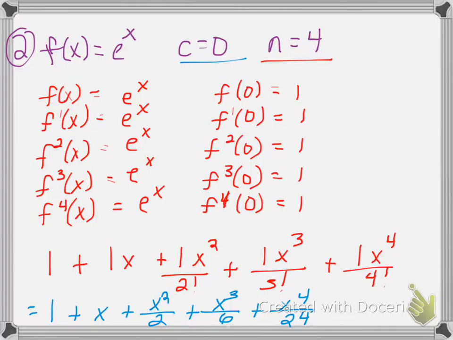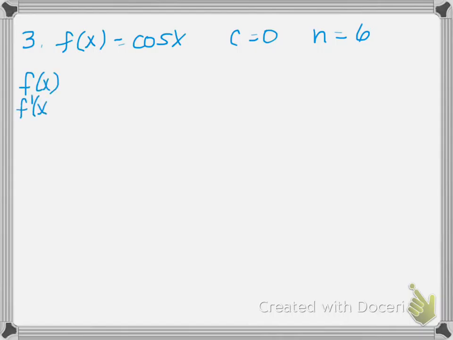Okay, let's say that we have f of x equals cosine of x, centered around 0, and this time n is 6. That sounds awful, but it really isn't that bad. I do have to find 6 derivatives.